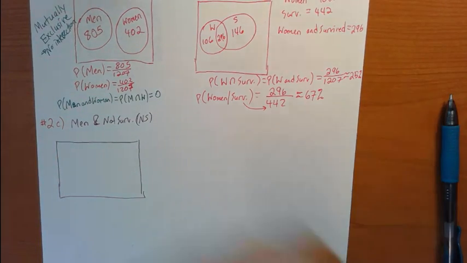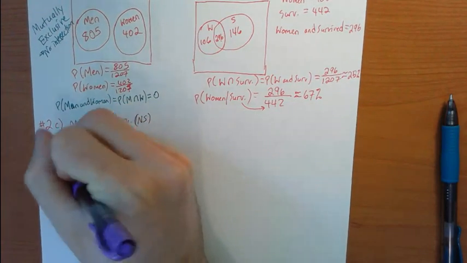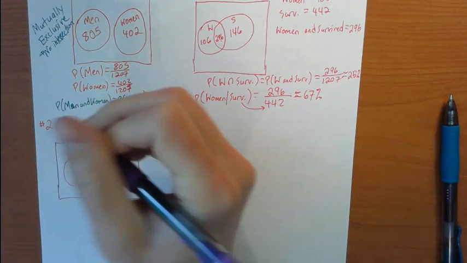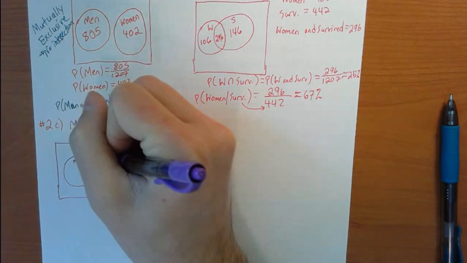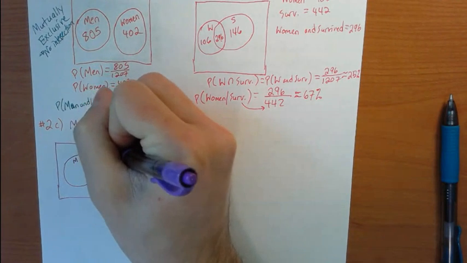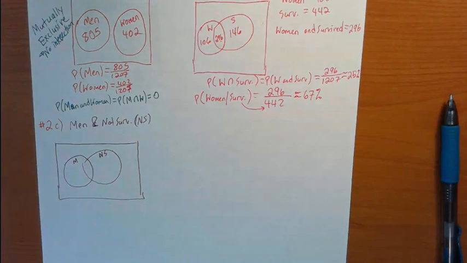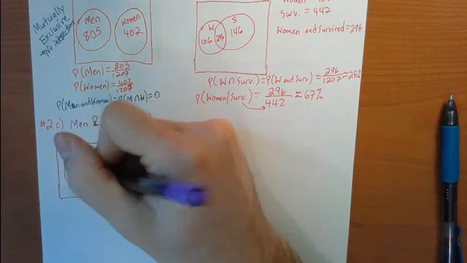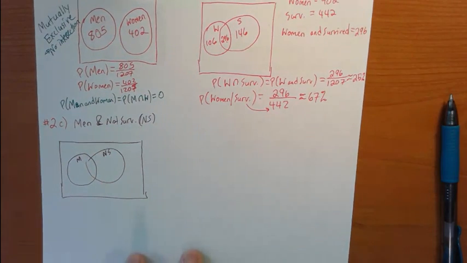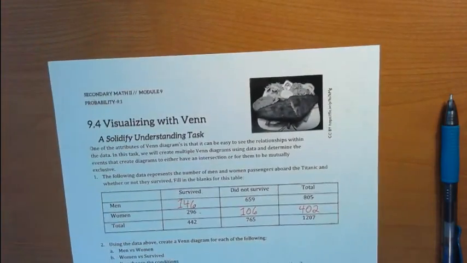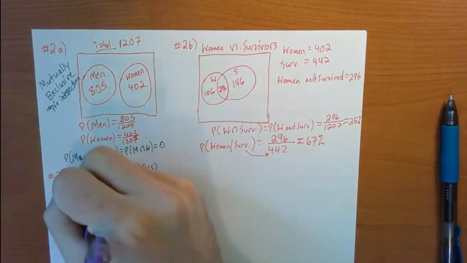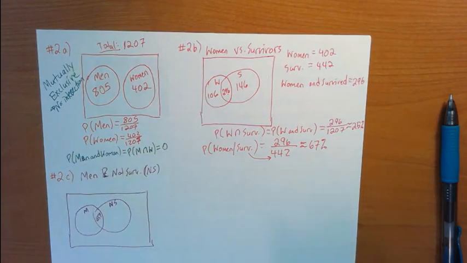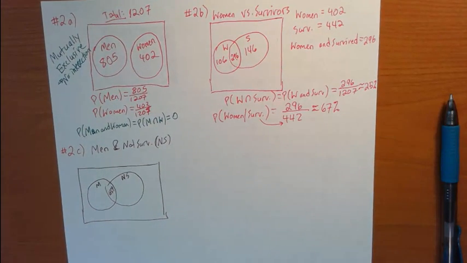And so we know we have a men circle and our not surviving circle. So if we first want to fill in our missing piece here, like how many were both. If you look on our front page, men and not surviving was 659 people. So 659 would go in the middle of our new Venn diagram here.